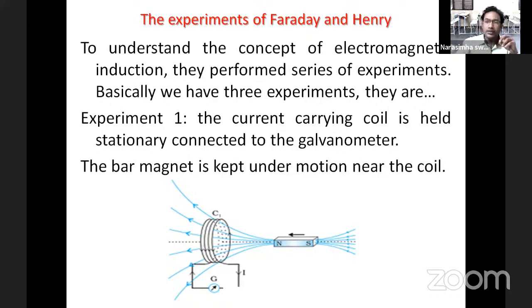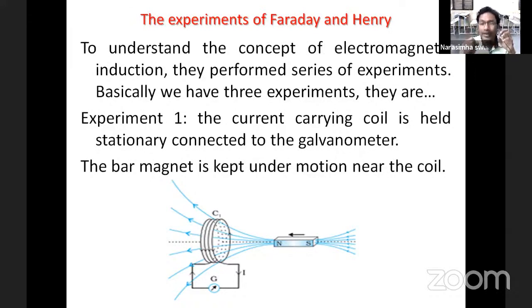First we'll start with this one. The current carrying coil is held stationary, connected to the galvanometer. We are discussing the first experiment to identify how electromagnetic induction is generated. This first demonstration is very important.